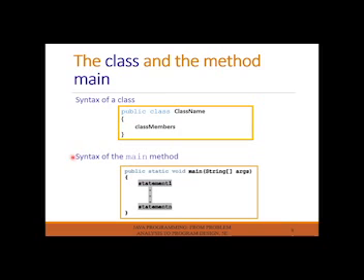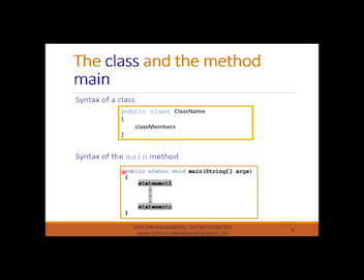On the other hand, the syntax of the main method is as follows. You will write the words public, space, static, space, void, space, main, all in lowercase letters. And then, open parenthesis, String with a capital S, a pair of brackets, and then args, close parenthesis.